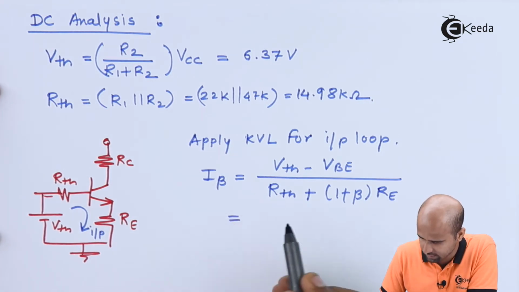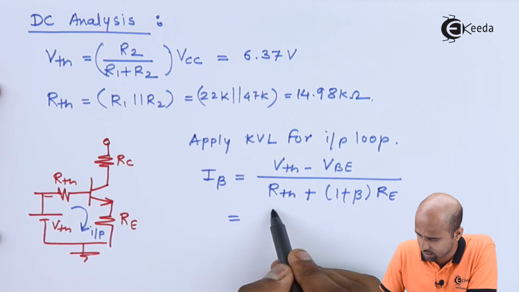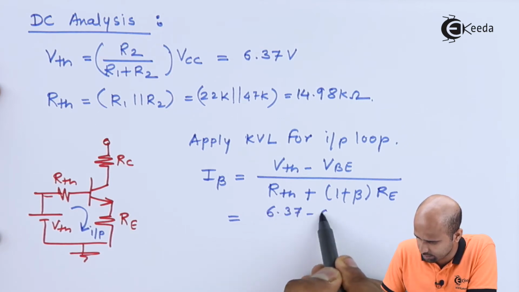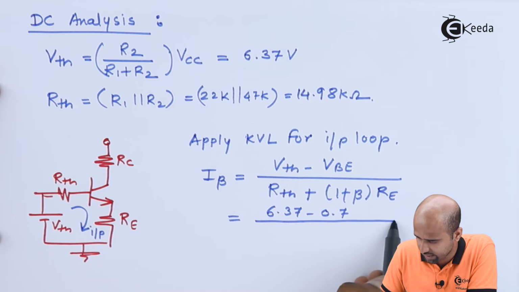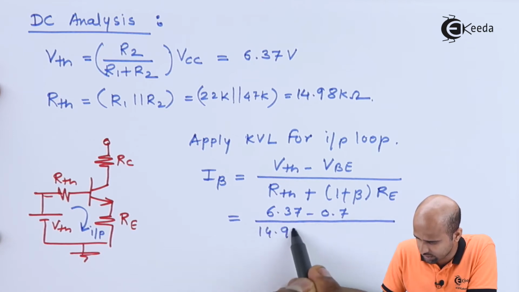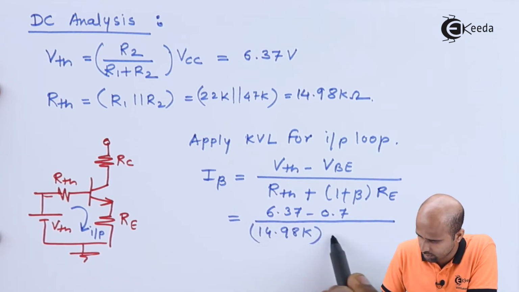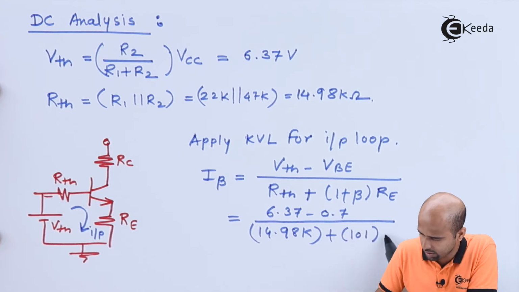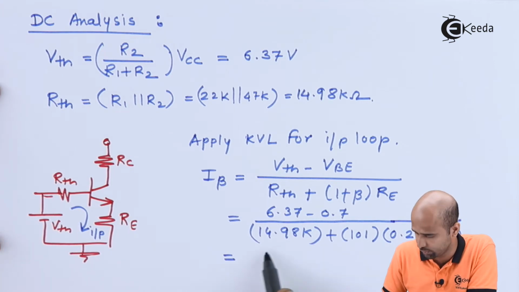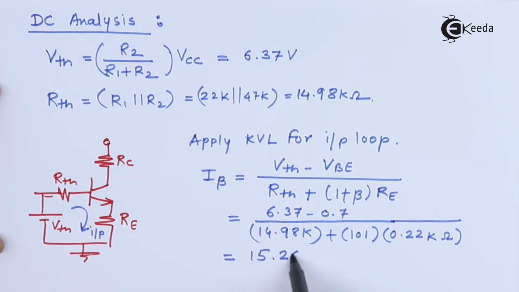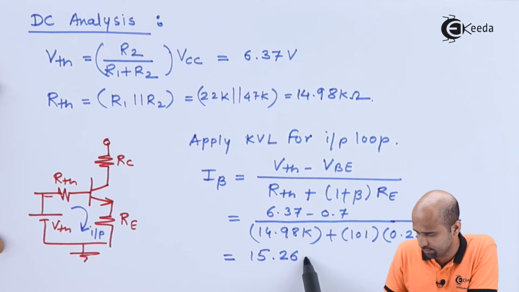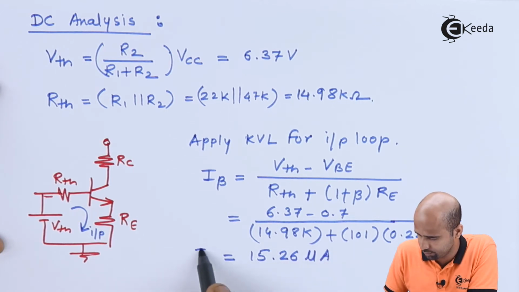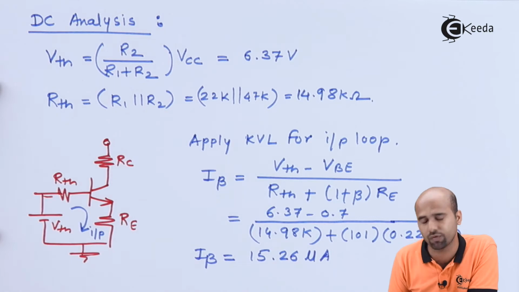So IB is 6.37 minus 0.7 divided by RTH, which is 14.98K, plus 101 multiplied by 0.22 kilo ohm, that is 222 ohm. This value comes out to be 15.26 microampere. This is the value of IB.